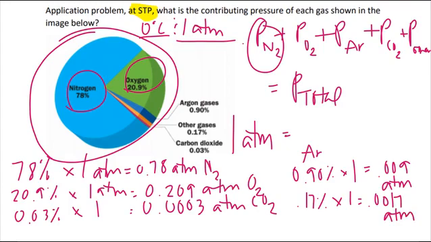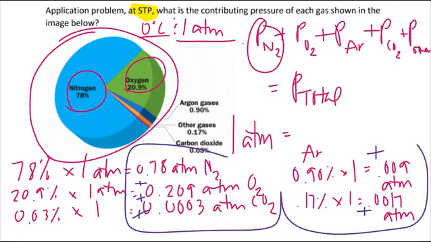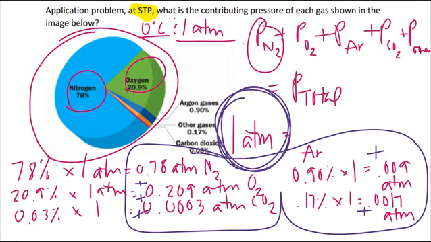And then, lastly, if I add every one of these partial pressures up, 0.78 plus 0.209 plus 0.0003 plus 0.009 plus all of these added together, I would get 1 atm.